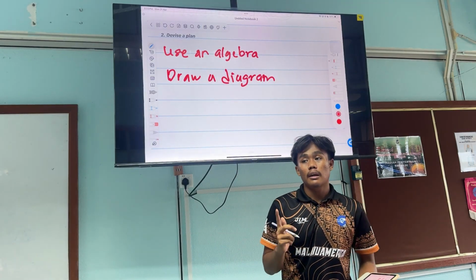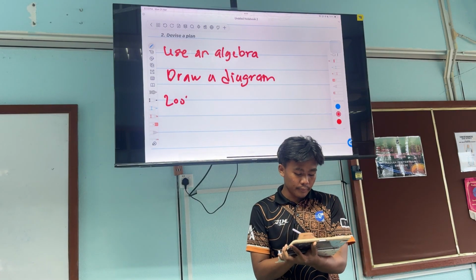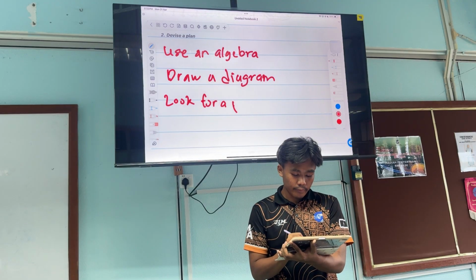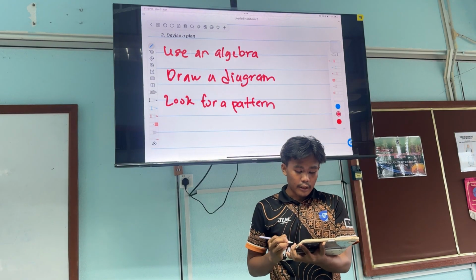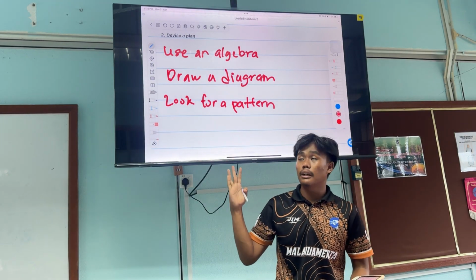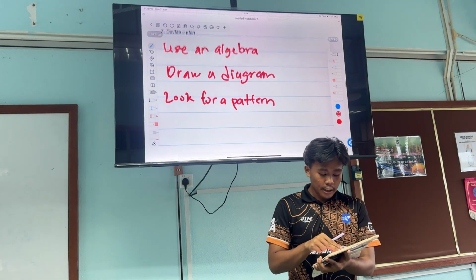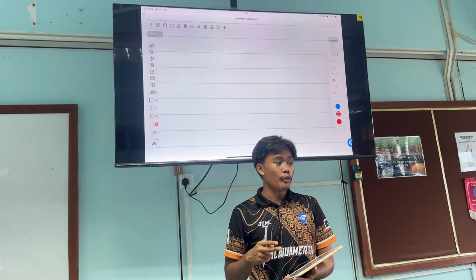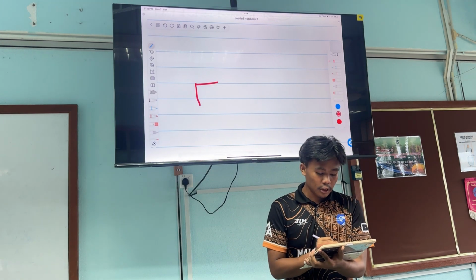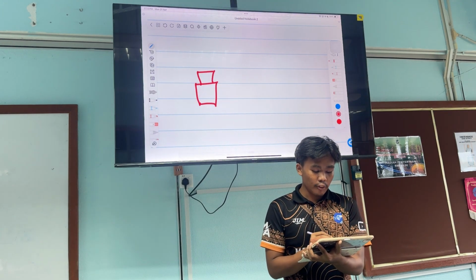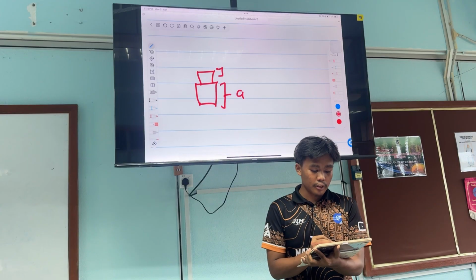Last but not least, we can also look for a pattern. These 3 steps can be used in this question, but I highly recommend using an algebra because if we sketch the glasses properly, we can identify these things as A, or we can identify these things as B.